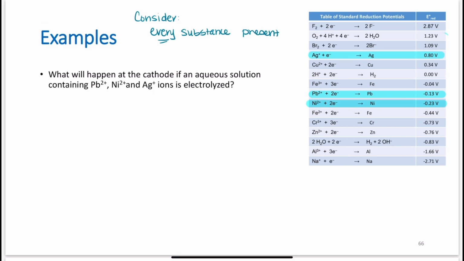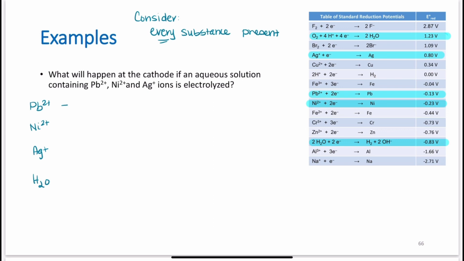So, I want to consider every substance present. When I say every substance present, I have lead 2 plus ions, I have nickel 2 plus ions, I have silver ions, and I have water. Water is also present. Now I have to look at the reduction potentials for each species.